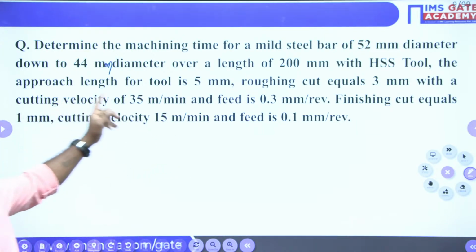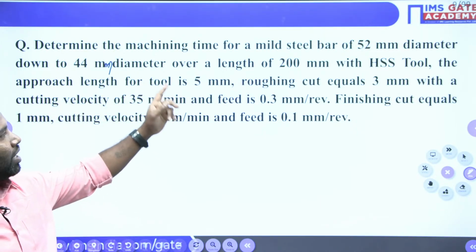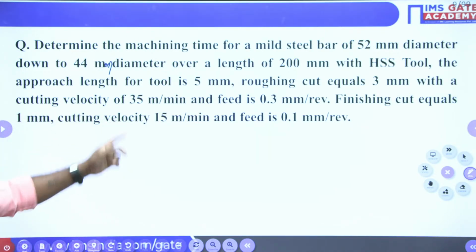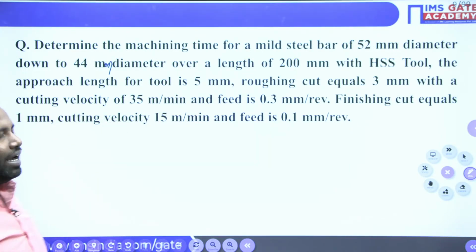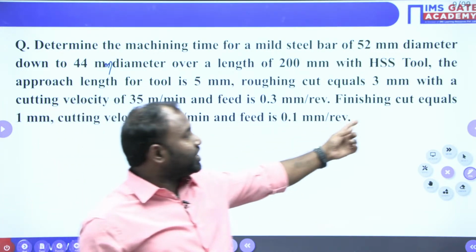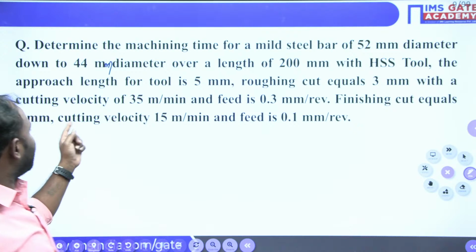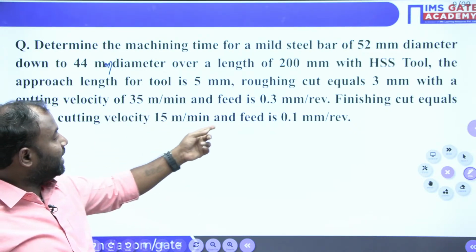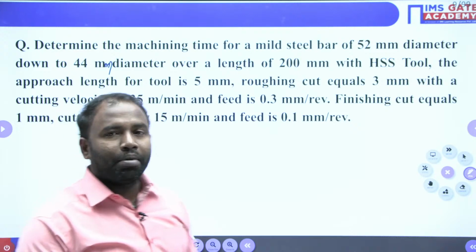The approach length of the tool is 5 mm and the rough cut equals 3 mm, with a cutting velocity of 35 meters per minute and a feed rate of 0.3 mm per revolution, and the finishing cut equals 1 mm, cutting velocity is 15 meters per minute and feed is 0.1 mm per revolution.